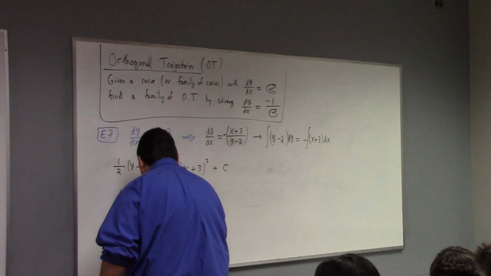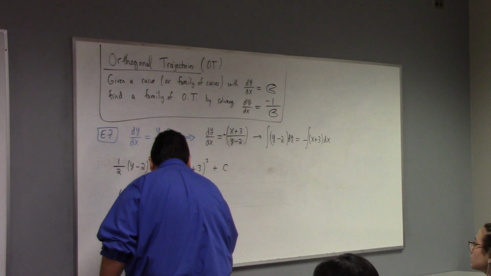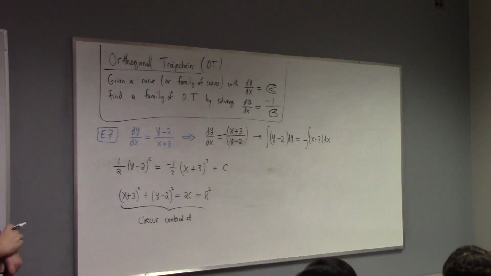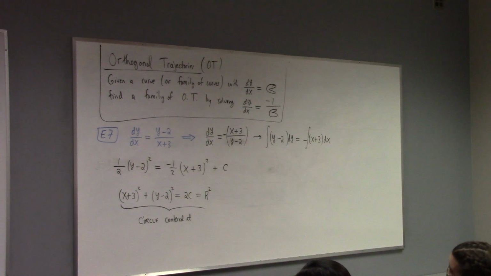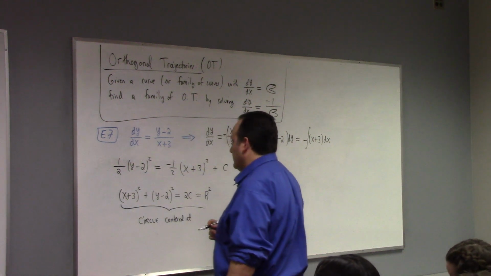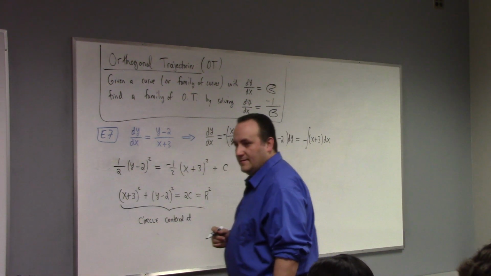Circle where? Centered where? Yeah? Why not just integrate y minus 2 with respect to y instead of doing the new substitution of y minus 2? Because this is better?